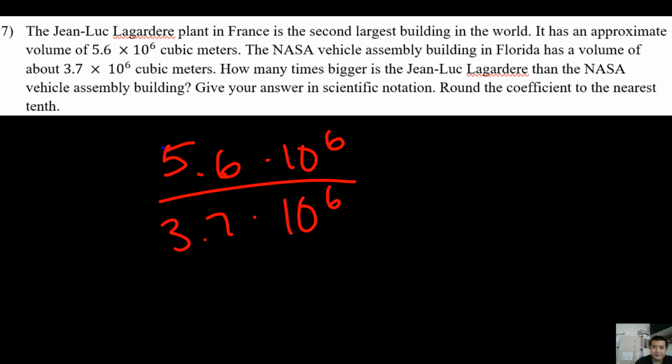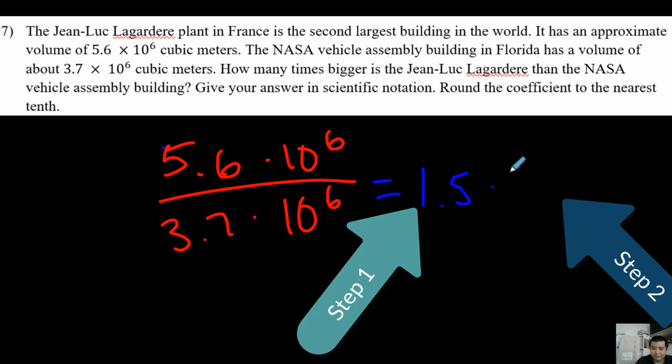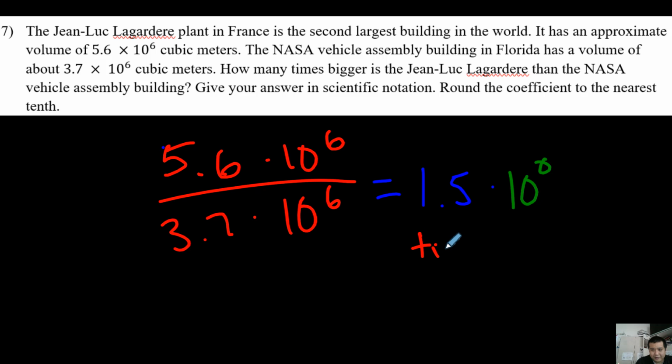We're going to divide our coefficients and get 1.5, and I know that's going to be a perfectly fine coefficient for scientific notation, so I'm just going to leave it as 1.5 and not give the extra digits at the end. And then 10 to the 6th divided by 10 to the 6th is going to be 10 to the 0. That's already in scientific notation, so we don't have to do anything about it. So we just write our units, times bigger.